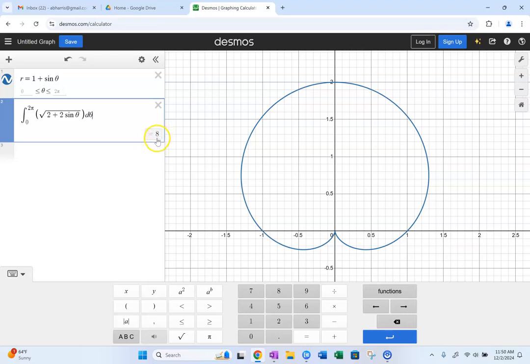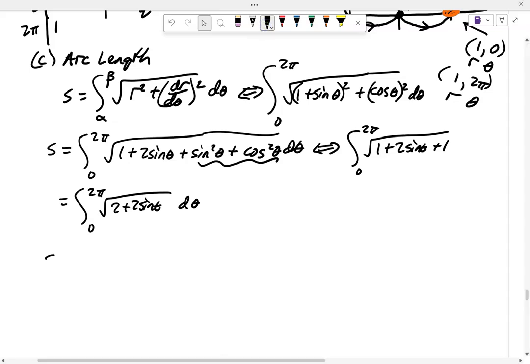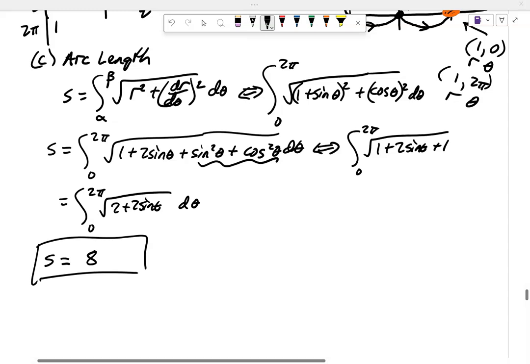And it'll spit that out for you. It'll give you 8 right there. So there's our arc length. You can check that with your decimals. And our arc length ends up being a distance of 8 around.